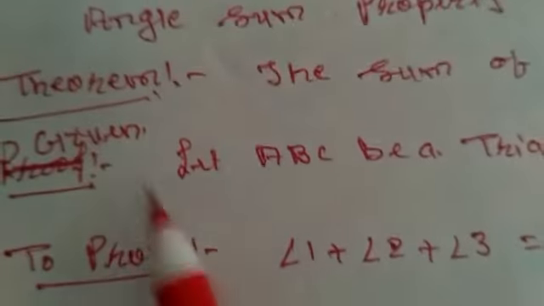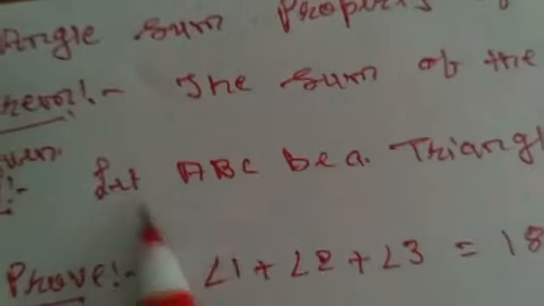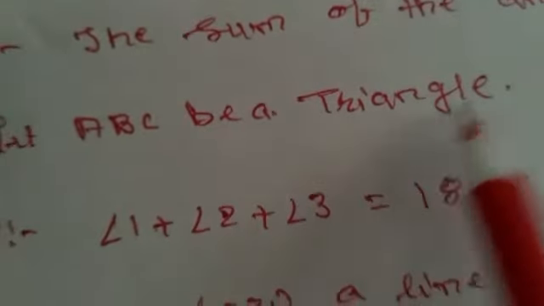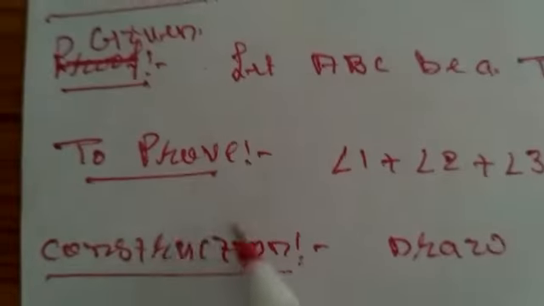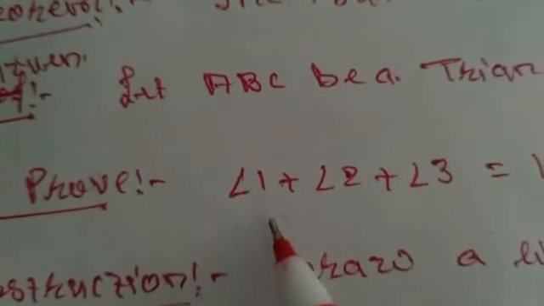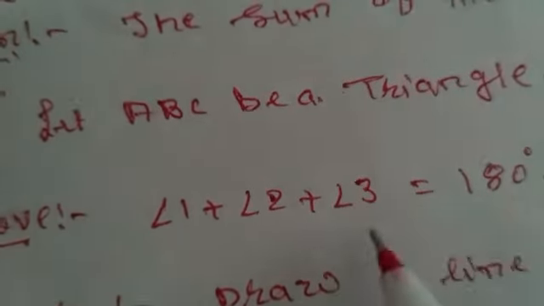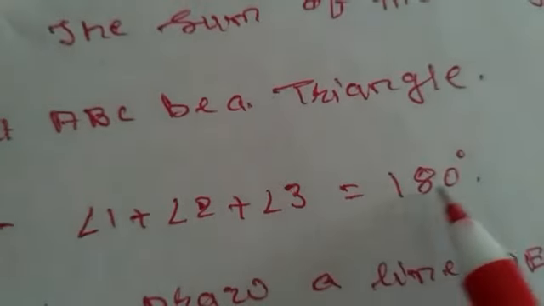Now let's see how it has been proved. So students, when we prove a theorem, first we write the given. What is given? In given we have, let ABC be a triangle. What is to prove? Now we need to prove angle 1 plus angle 2 plus angle 3 equals 180 degrees.